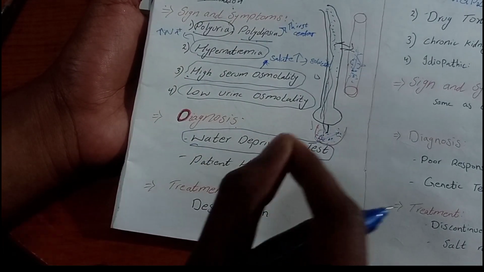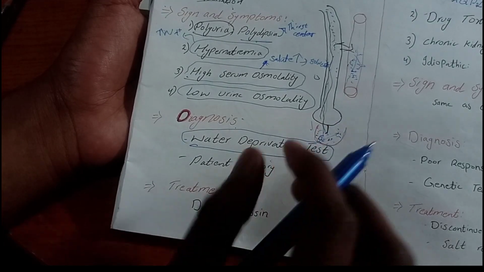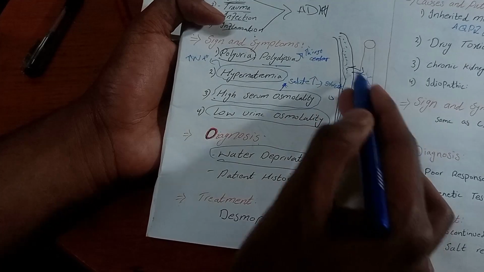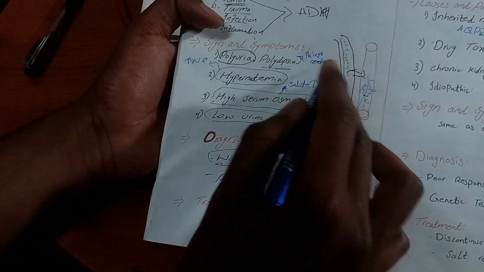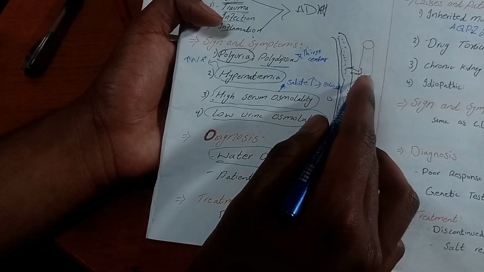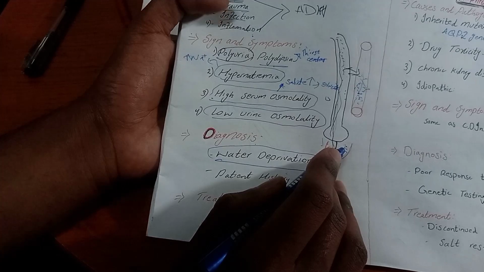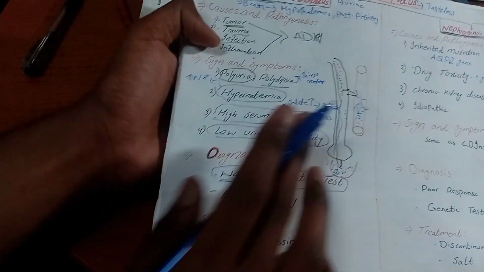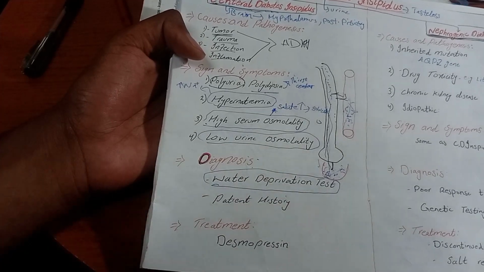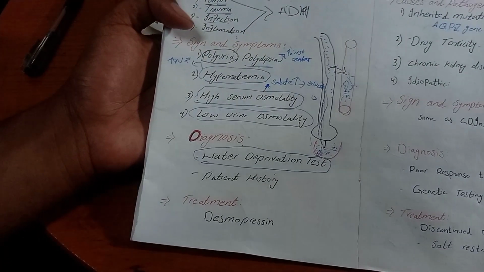If the patient has normal ADH, then after 24 hours the urine will be concentrated, because ADH will start releasing, act on receptors, and start saving water, and the urine will become concentrated. If the patient has central diabetes insipidus, this patient will have dilute urine even after 24 hours.